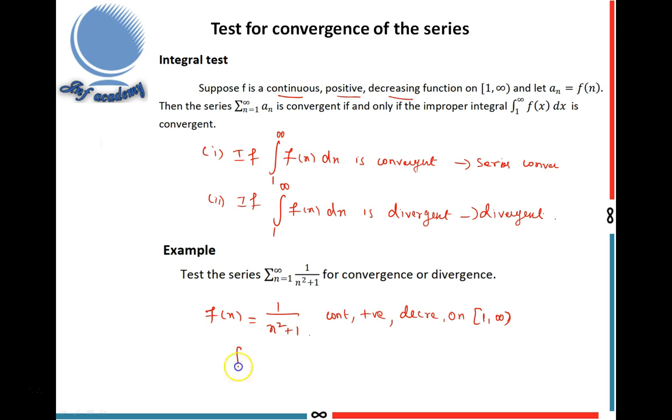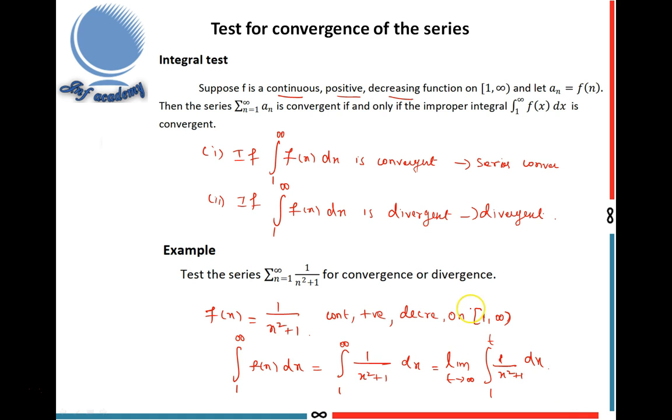First, you have to find the value of the integral from 1 to infinity of f of x dx, where f of x is 1 by x square plus 1. This is an improper integral: limit t tends to infinity, integral from 1 to t of 1 by x square plus 1 dx.